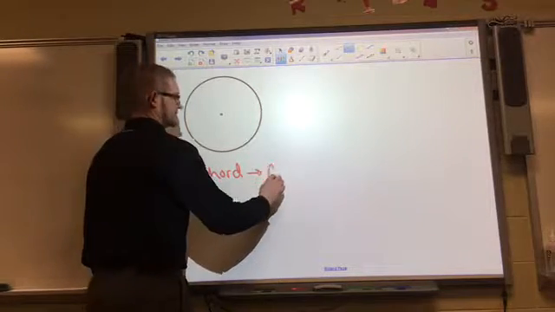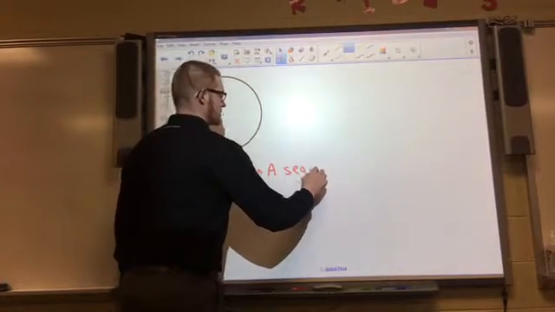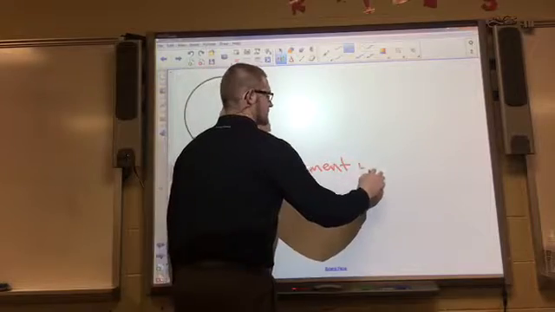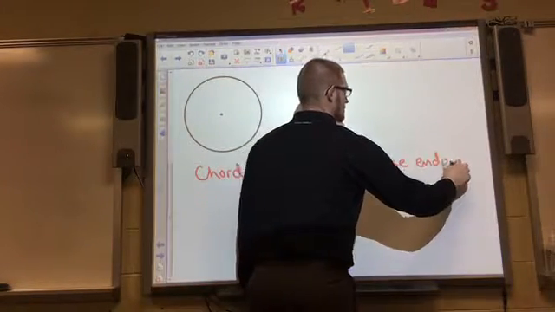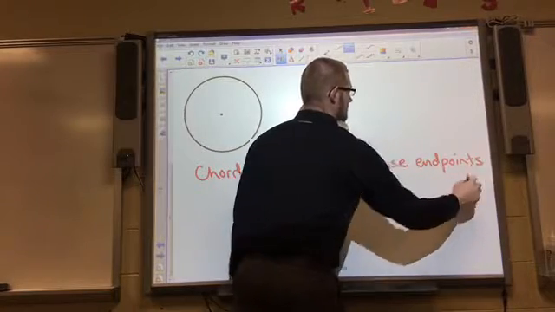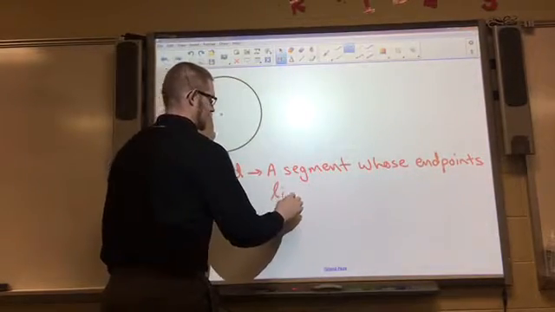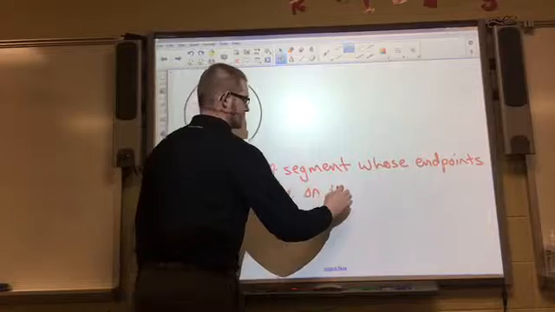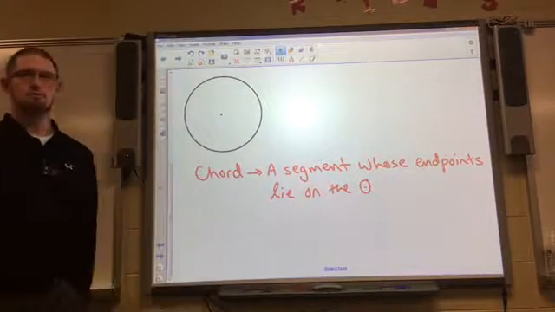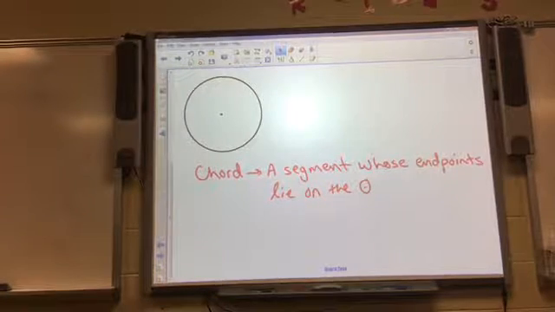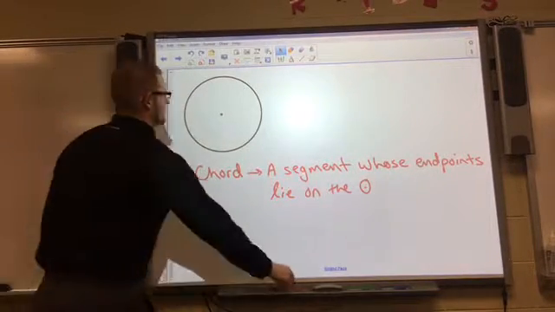A chord is a segment whose endpoints lie on the circle. A segment whose endpoints lie on the circle.